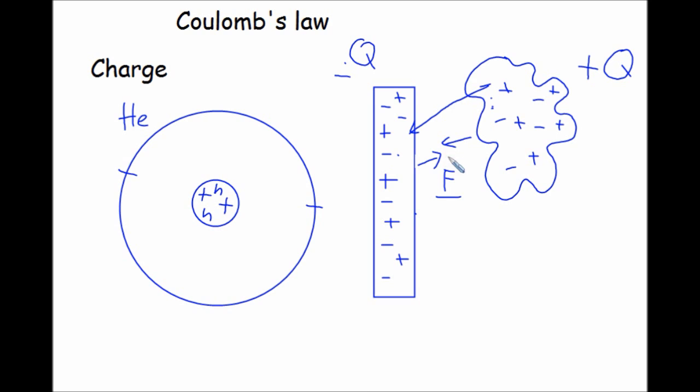What else will also affect the force by which these two objects attract each other? It is the distance between these two objects. If we increase the distance, the force will decrease.